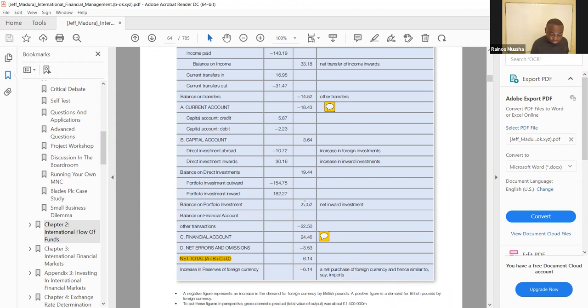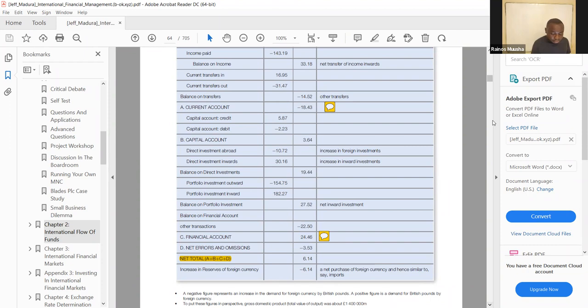Which means the net effect, if it's negative there, is that we effectively imported more, spending more in buying foreign currency than what we received from foreign currency transactions.